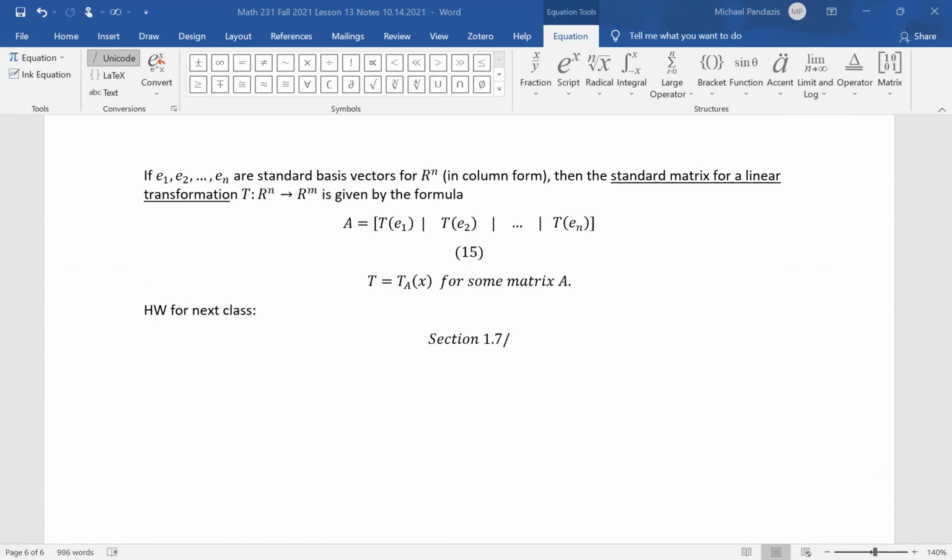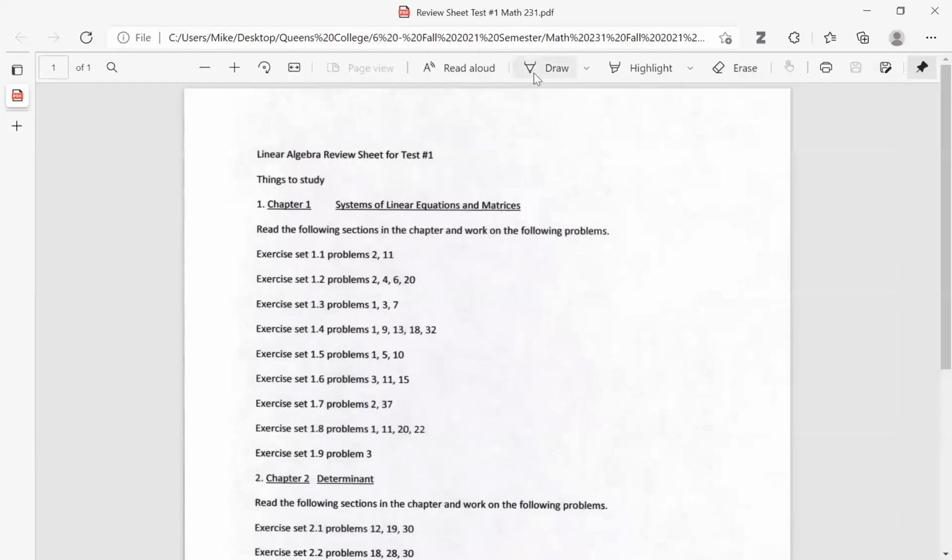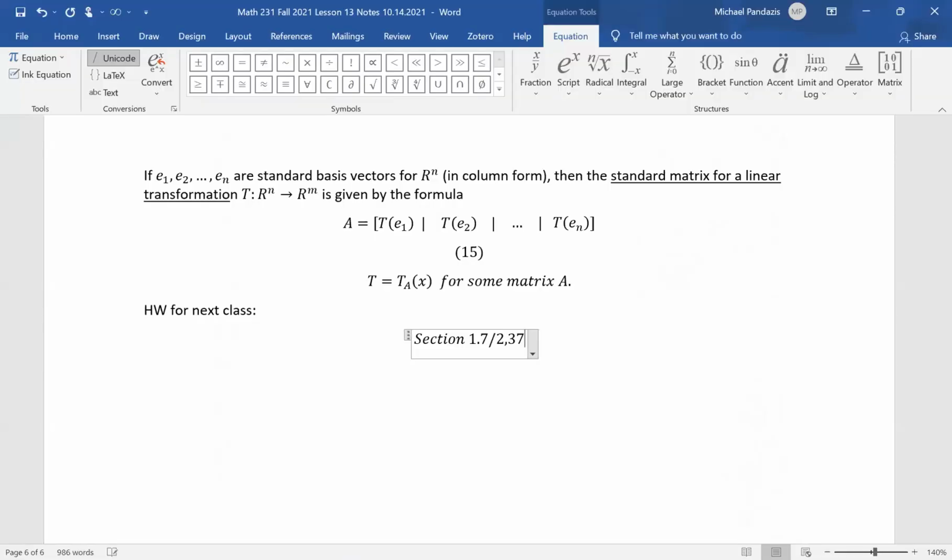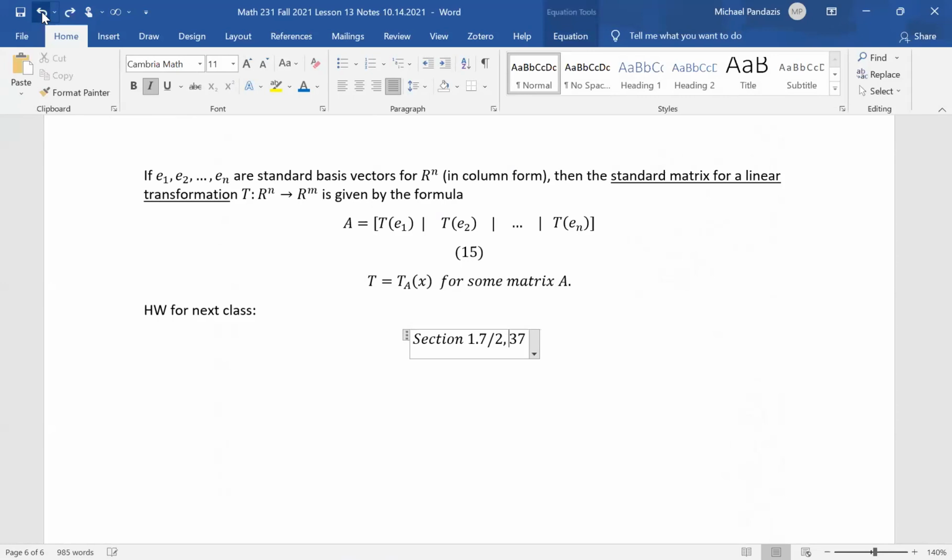So let me bring this up for a second here. Now this is 1.7. It's just numbers 2 and 37 in 1.7.